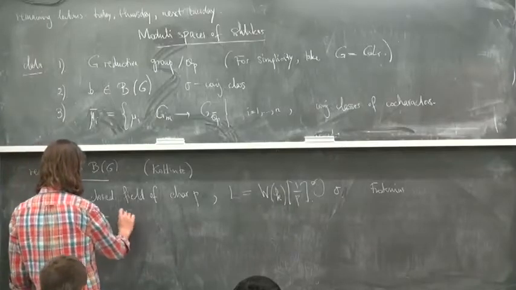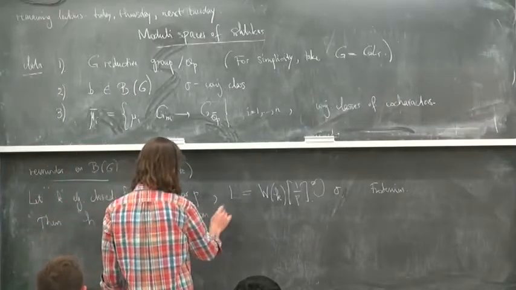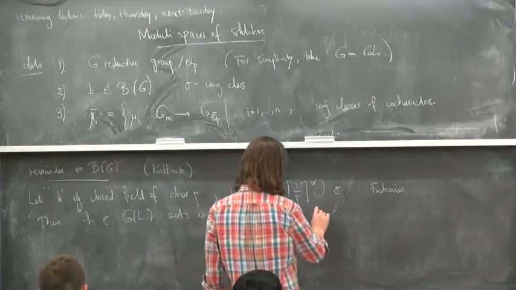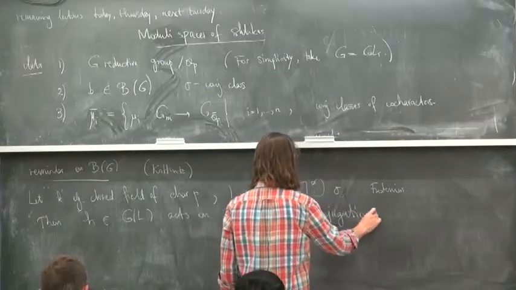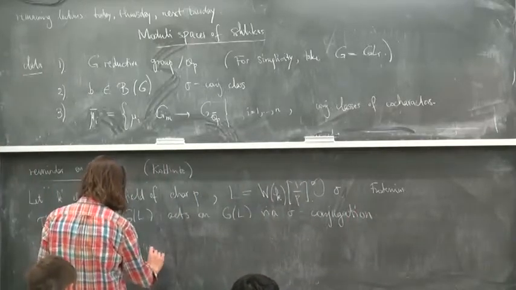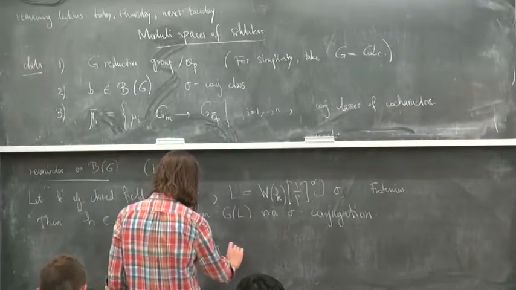So an element h in G(L) acts on G(L) by sigma-conjugation, which is g is mapped to h inverse times g times sigma of h.